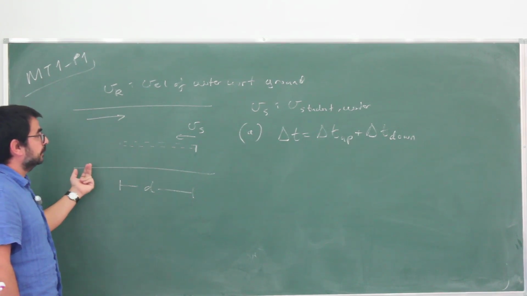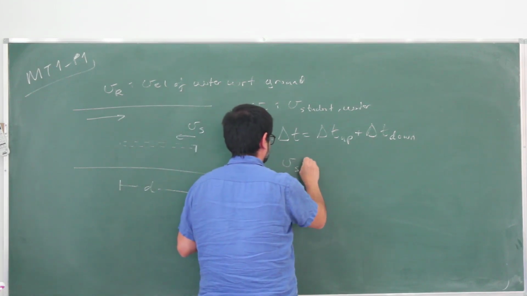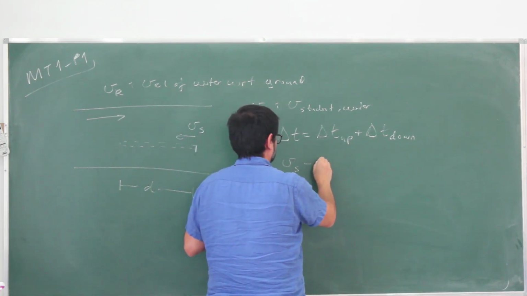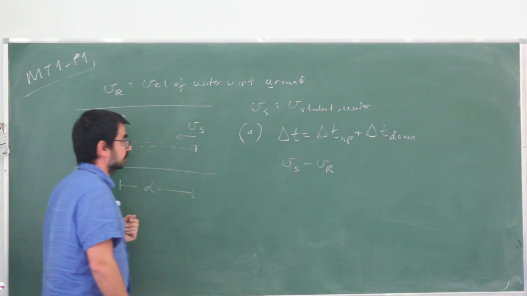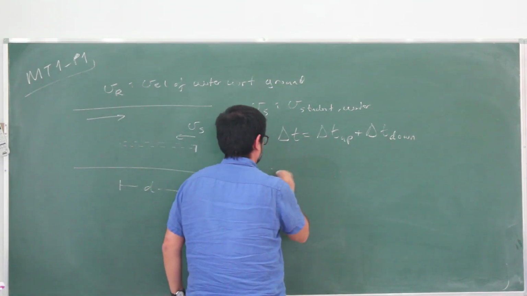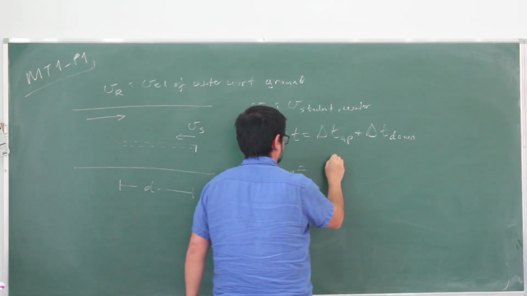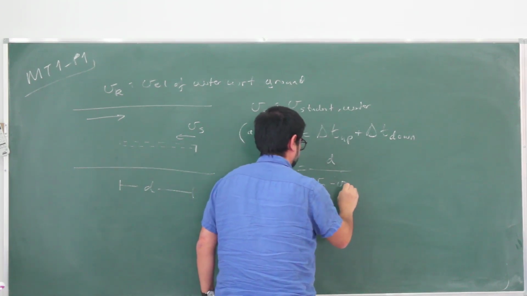As they are going upstream, their net velocity is going to be Vs minus VR. And they are traveling a distance of d, so t up is going to be d divided by their velocity, that's Vs minus VR.